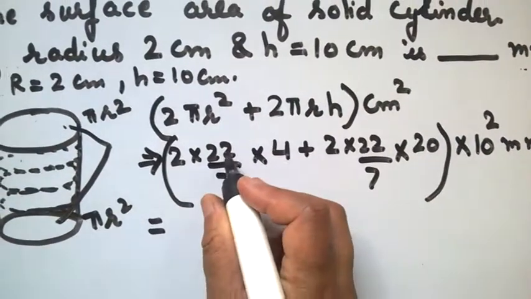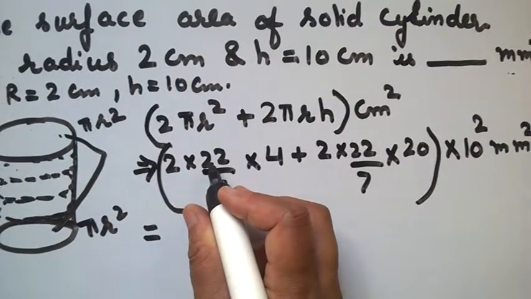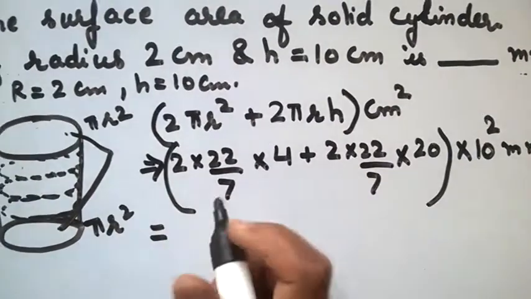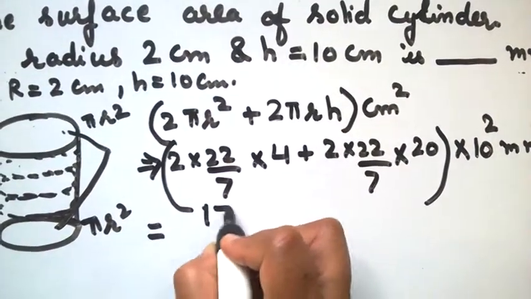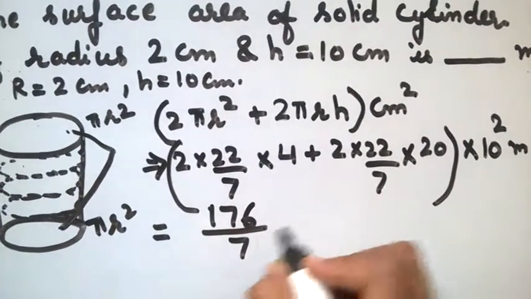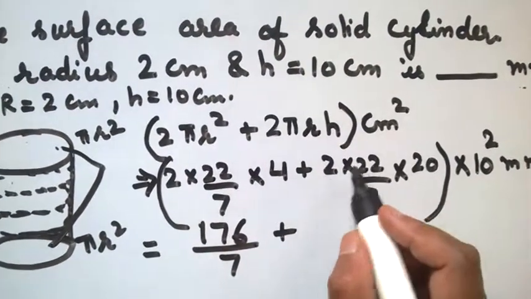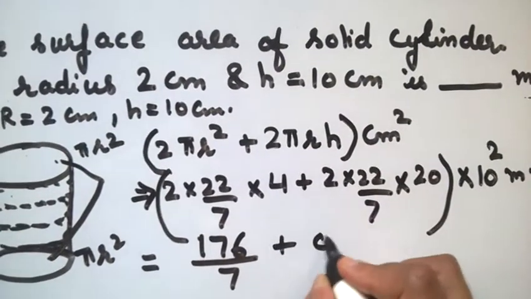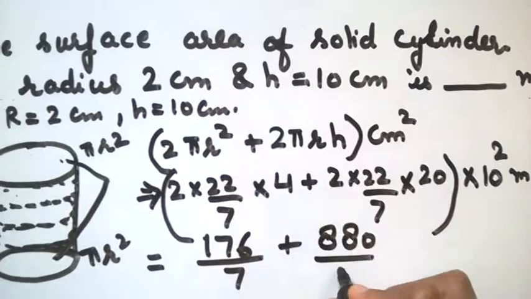On further solving, 22 into 2, that is 44, 44 into 4, that is 176, 176 by 7, plus 22 into 2, 44, 44 into 20 is 880, 880 by 7.